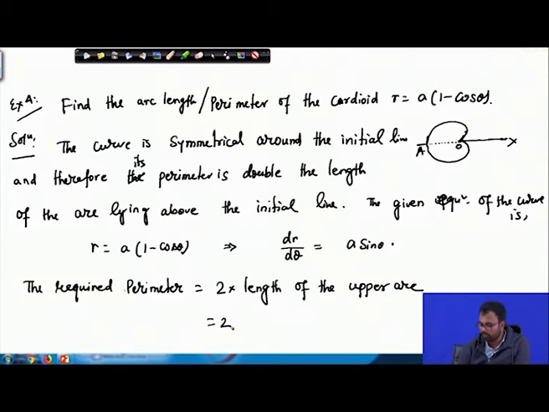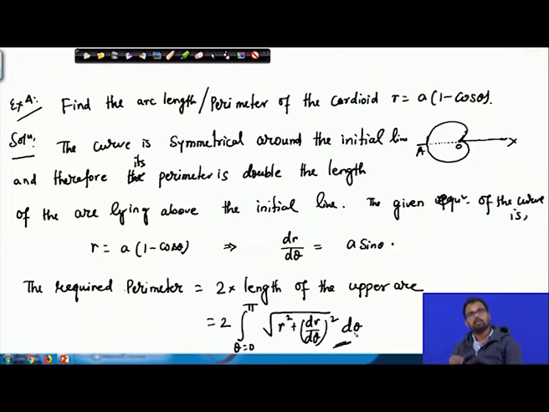The length of the upper arc will be calculated by theta running from 0 to pi, square root of r square plus dr d theta whole square. This is where we are using the polar coordinate form for calculating the arc length. So, we have used that formula here.